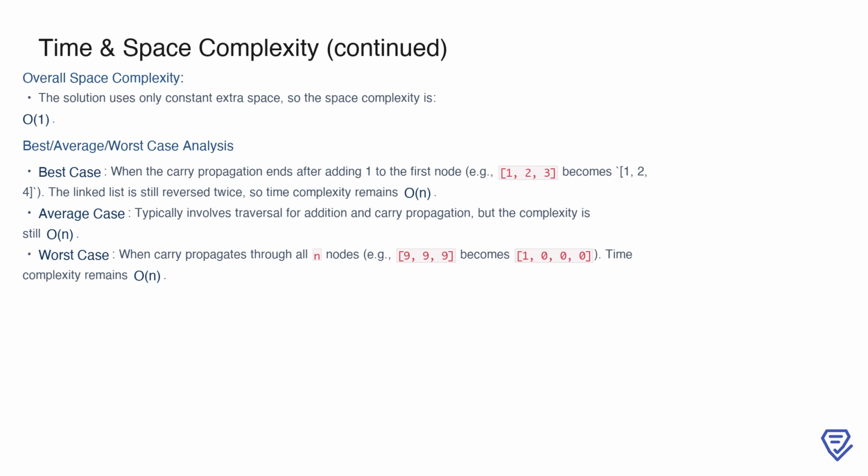In the worst case, carry propagates across all n nodes, such as when 9, 9, 9 becomes 1, 0, 0, 0. Despite the additional work for carry propagation, the time complexity is still O(n). This demonstrates that the time complexity is consistent across all cases, as the 3 sequential steps dominate the runtime.